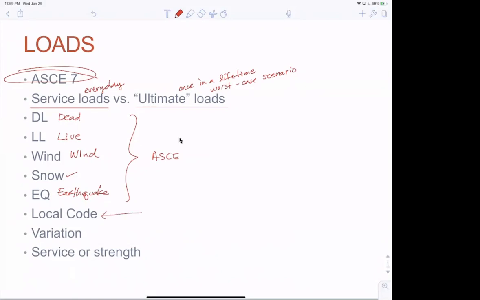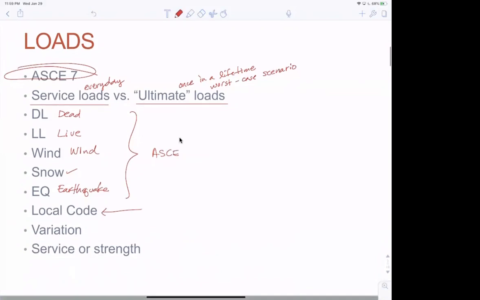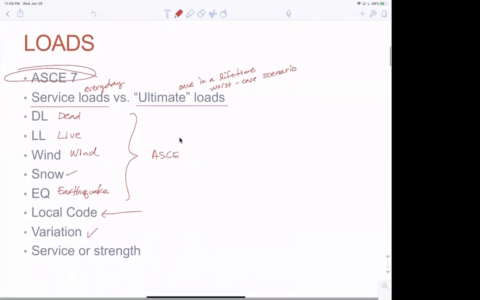So, for example, in Laramie, our building code adopts ASCE 7, except we replace the ground snow load. I think it's supposed to be 20 in ASCE 7, and we say 30. And that's a variance from the ASCE 7. Okay, and then the kinds of loads we want to talk about are service or ultimate.